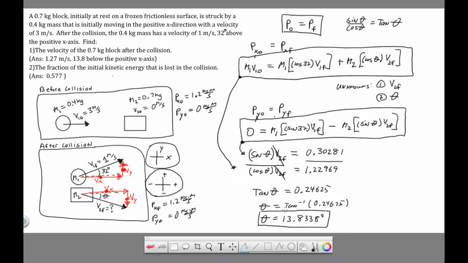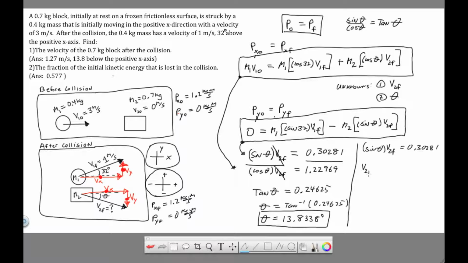So now that we know that, we can go back up here and pick either one of these equations. So let's use sine theta V2F. What we had here was sine theta V2F is equal to 0.30281.